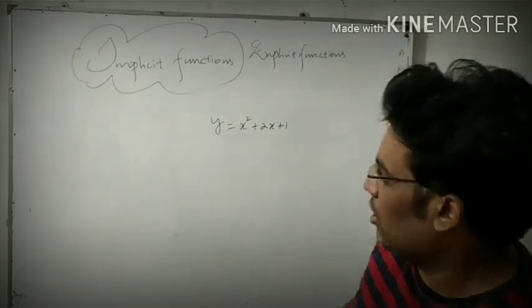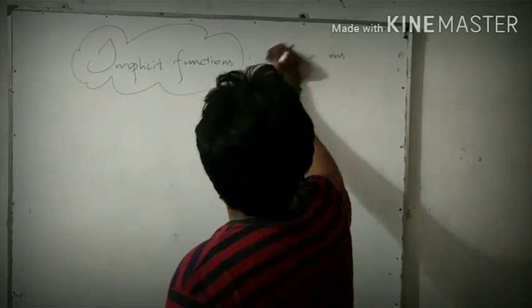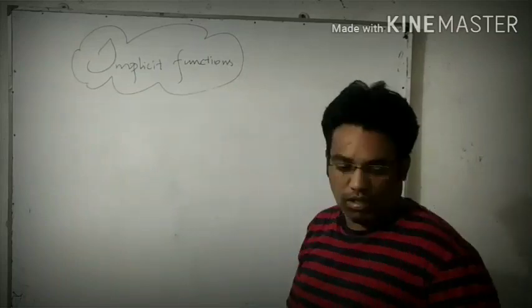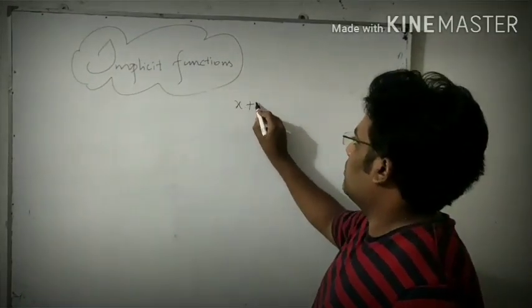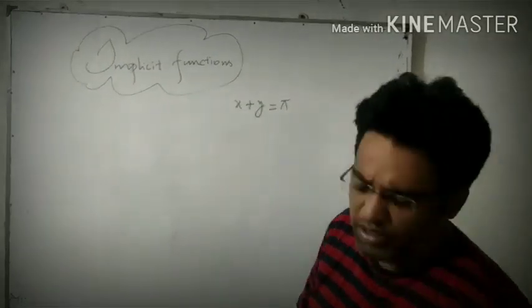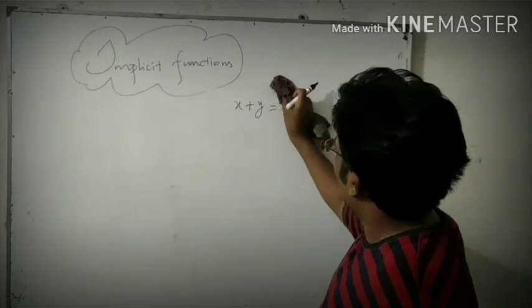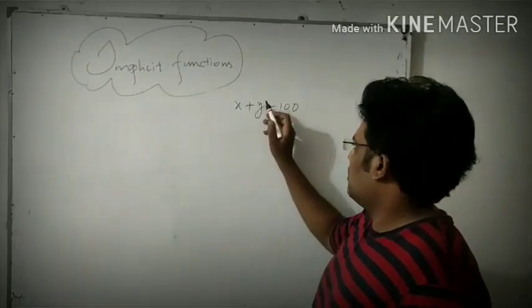We'll be focusing mainly on implicit functions. When a function is given something like x plus y is equal to pi, or x plus y equals any constant, say 100, you need to observe this.